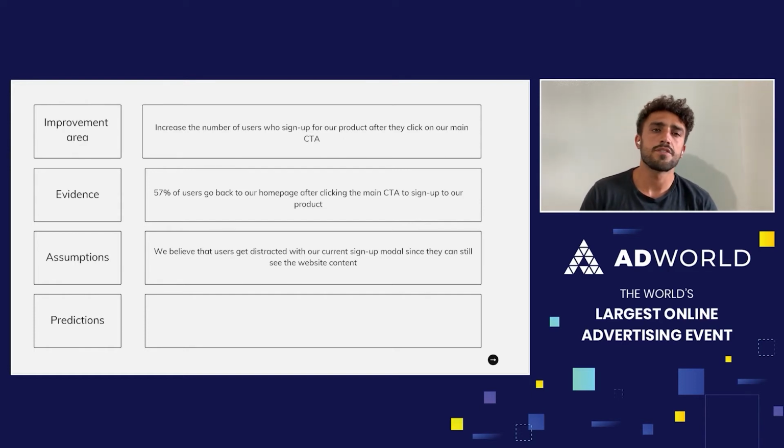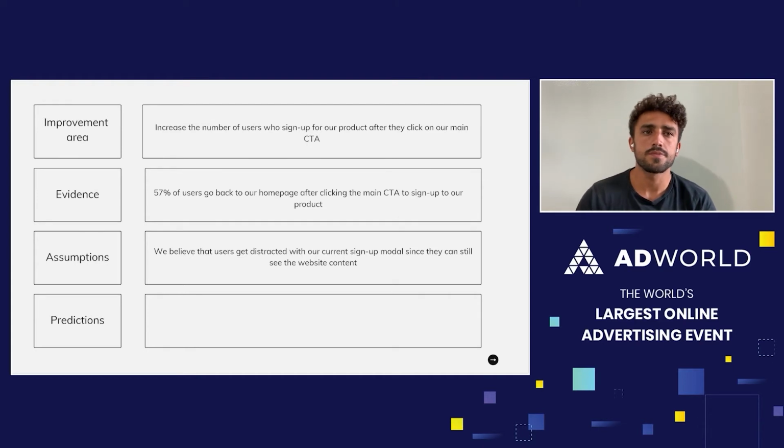Now, since we have identified the area we want to focus on, we have some evidence to back us, and we believe we know the reason why we're seeing this behavior, we want to make sure that we have our prediction. And this prediction is basically what will happen in case our assumption is correct.